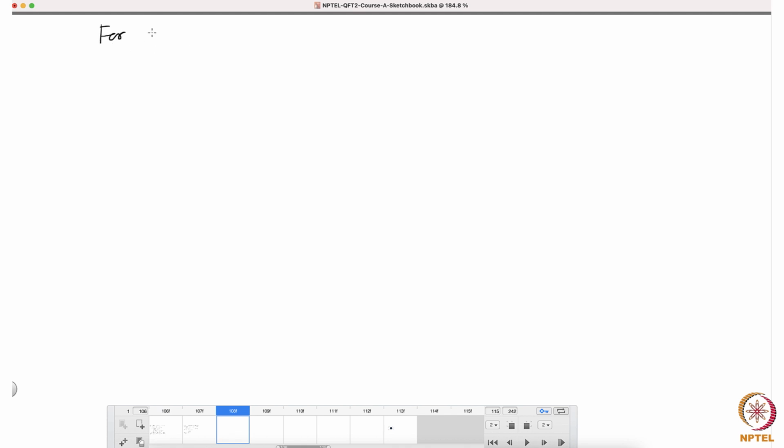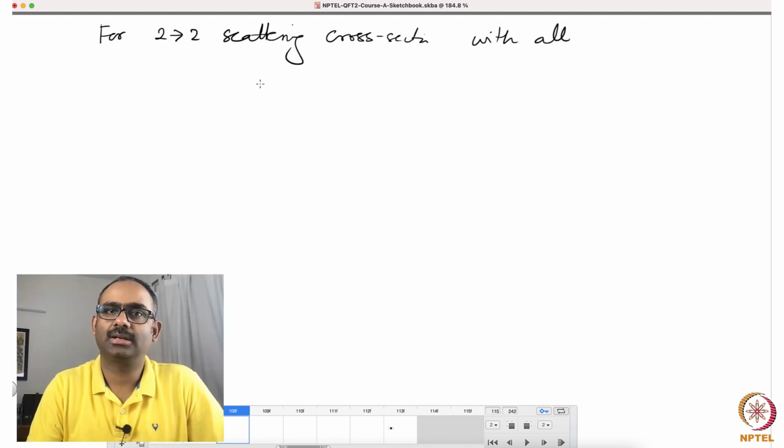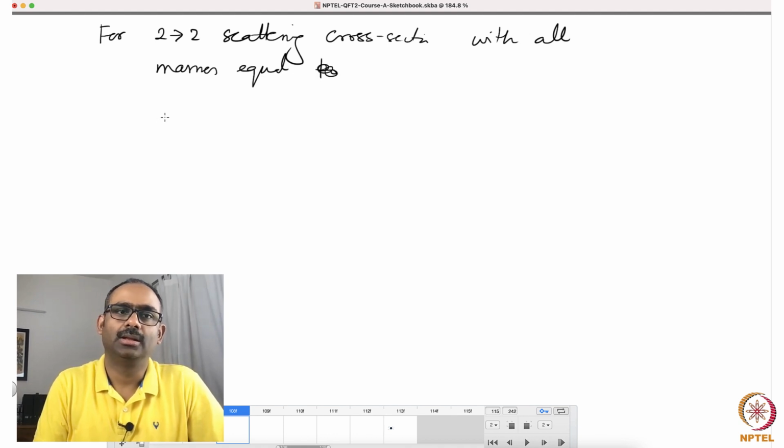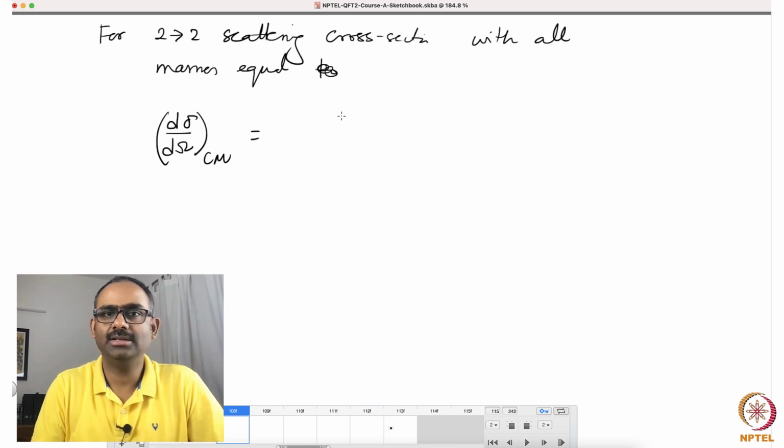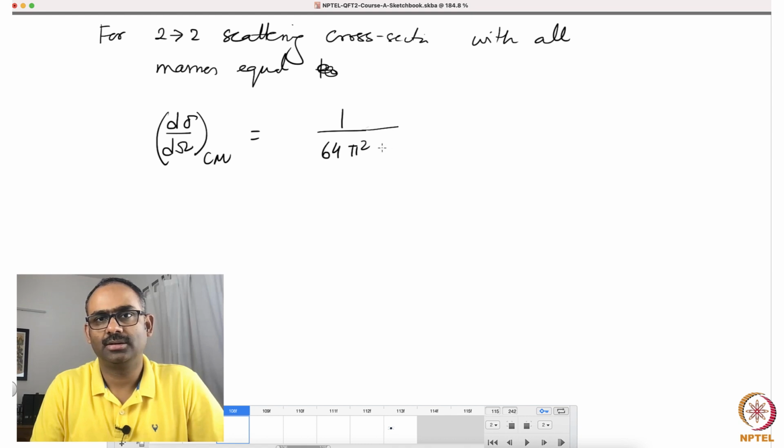For 2 to 2 scattering cross section, with all masses equal, the differential cross section, okay, d sigma over d omega in the center of mass frame is 1 over 64 pi square center of mass energy.